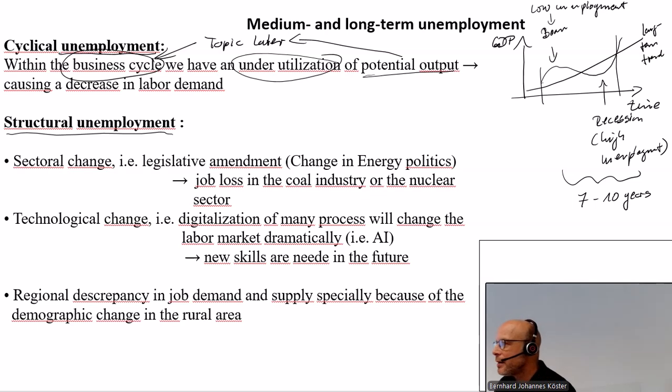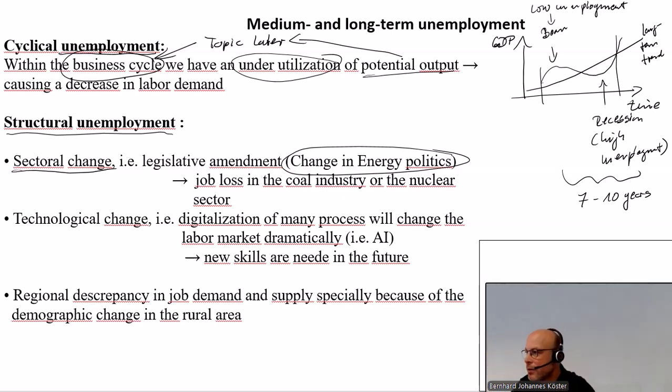Because in general, over time, we have a sectoral change, that we make a decision within our societies, and especially in Germany, we made decisions roughly 10 years ago about our energy policy. And this, of course, means that there will be a loss in jobs in the coal mine, in the coal industry, and in the nuclear sector.